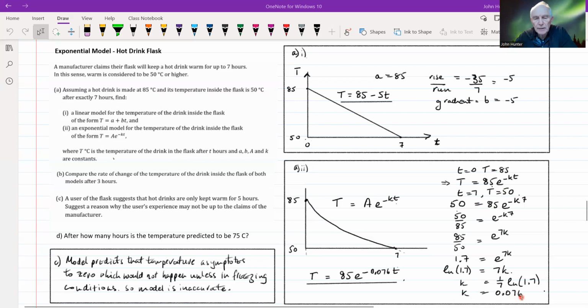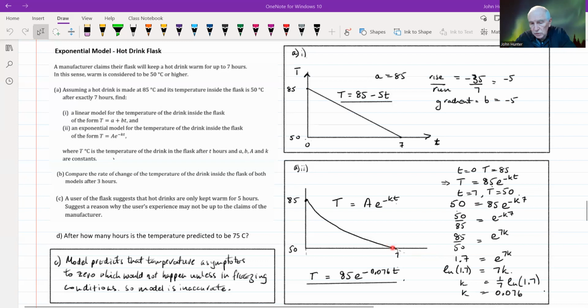0.076. In these models, k is pretty well always a positive constant, and if we want to make it negative, we put a negative sign in front of it. When we put this negative sign in front, that's what really identifies it as being a decay. So this comes down here. Sometimes you see these things asymptoting towards some value. Well, this will do exactly that, but it's less than 50.